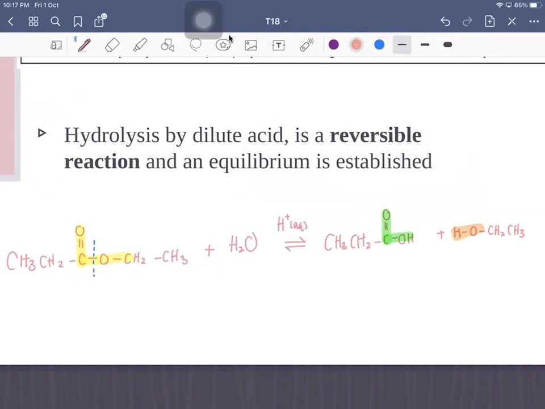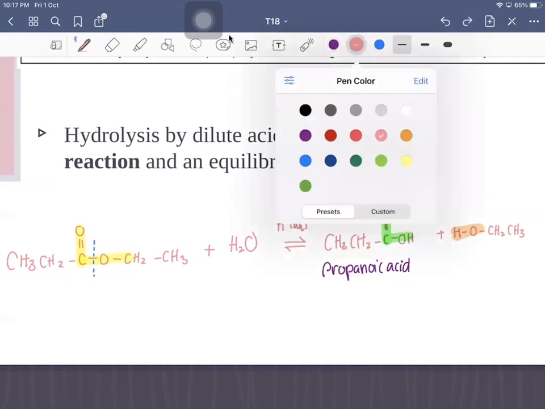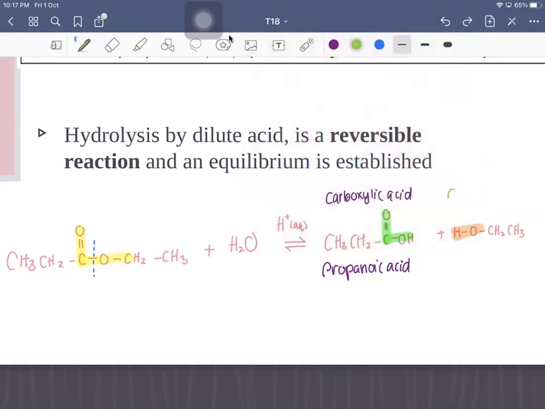So this is a carboxylic acid called propanoic acid. And this is an alcohol. Maybe I'll use a different color. This is an alcohol called ethanol.